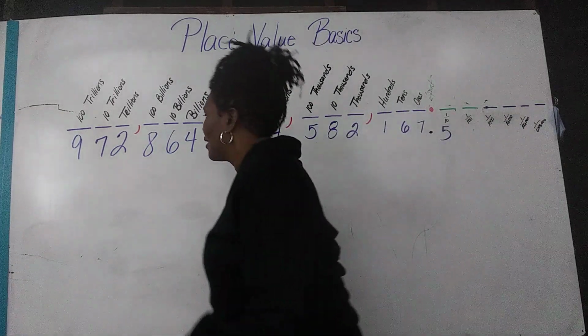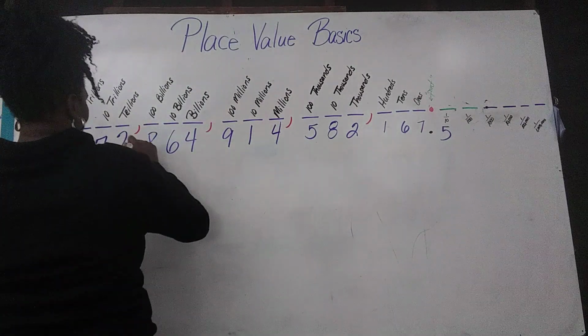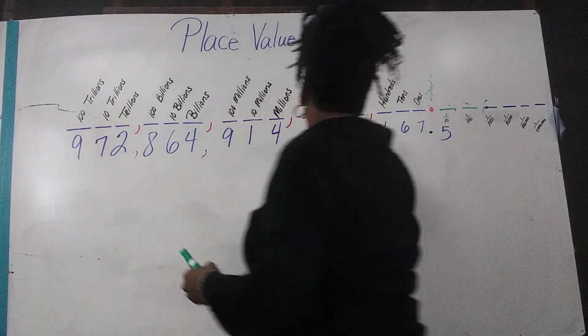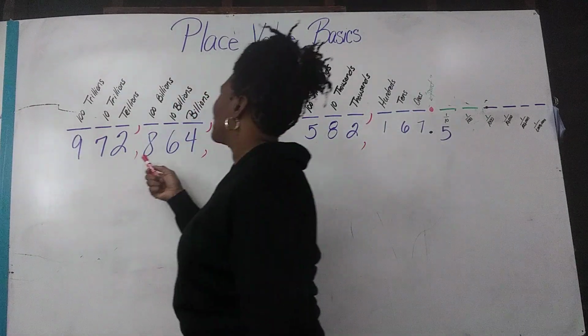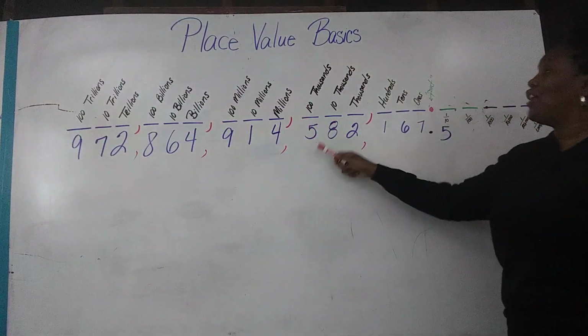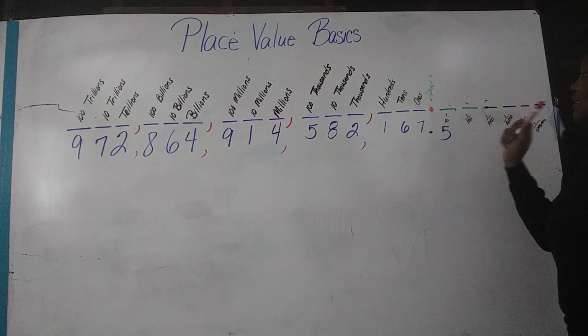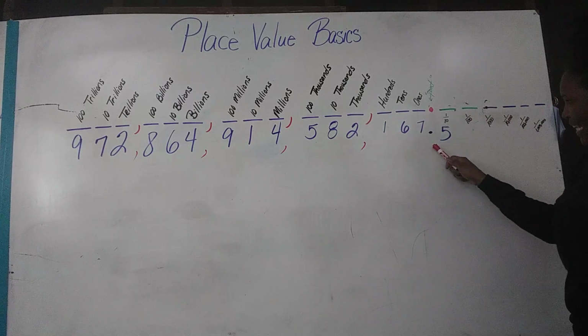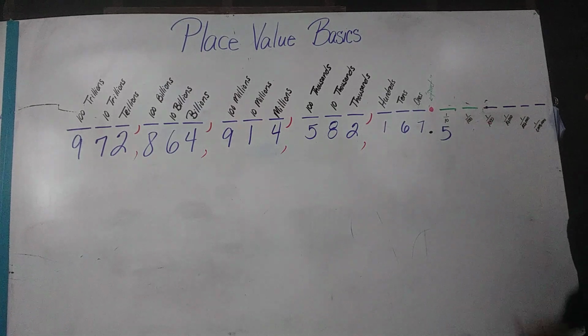Or I can say, whoo, and guess what, y'all? I forgot to put my commas. Or I can say 972,864,914,582,167 and 5 tenths. Okay? You can read that number any way.